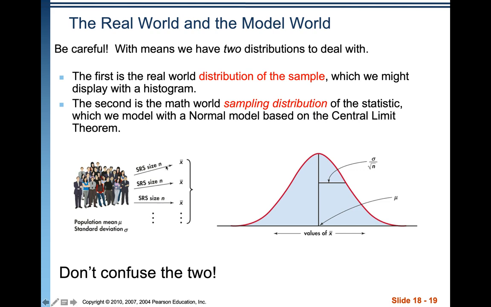So we could have a distribution, a nice little histogram, based on the 100 individuals that we choose from our population that gives us X bar. And then we will consider where X bar from that sample falls among all the possible values of X bar within this sampling distribution.